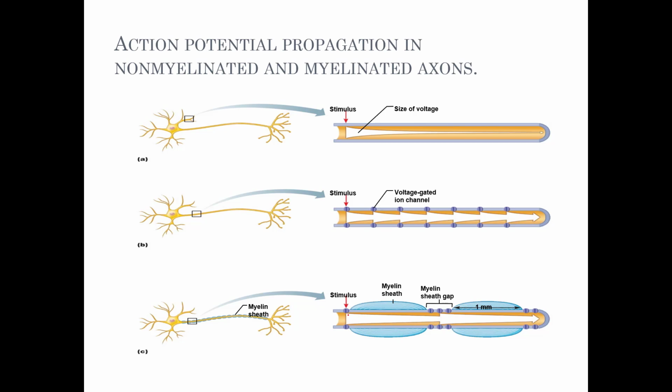So we don't need to open and close nearly as many voltage-gated channels, and that means that we don't need to restore resting potential at as many points along our axon. And that, of course, means we're not using as much energy to propagate the signal along the same distance. This is really important for some really long neurons that we have in our body, especially some of these spinal nerves, which are incredibly long.